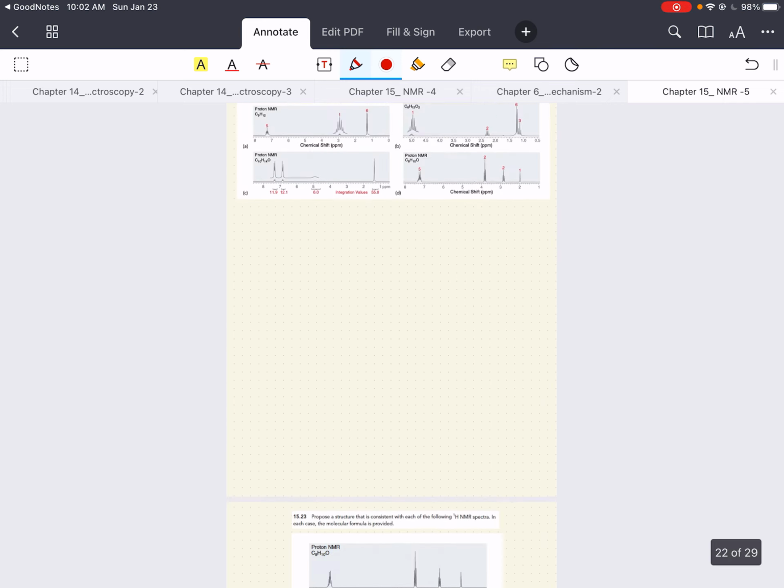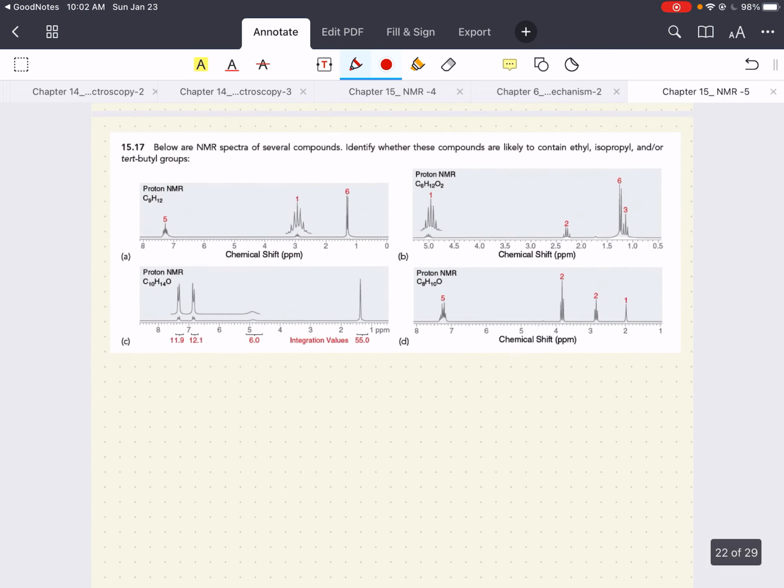And so now we're going to get into a couple of practice problems here. Something to keep in mind before we start these problems: now we're going to start doing some serious investigation of NMR spectra, trying to draw molecules from NMR spectra that give rise to specific structures.